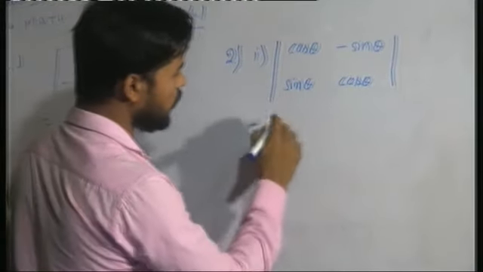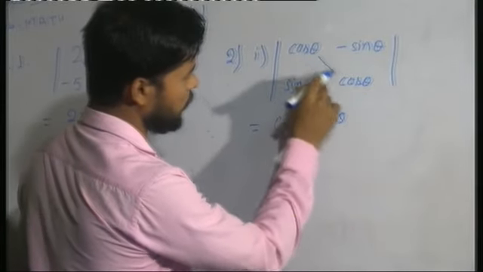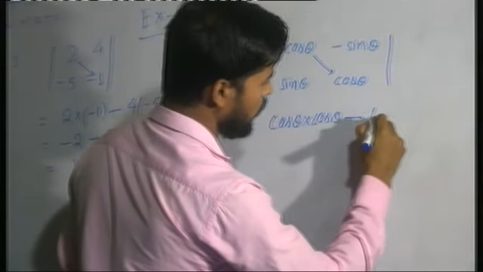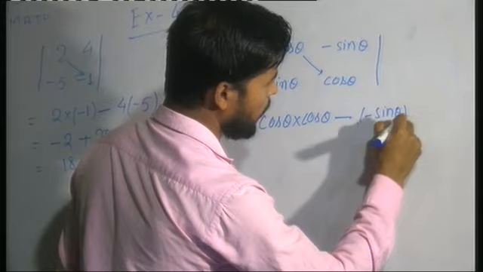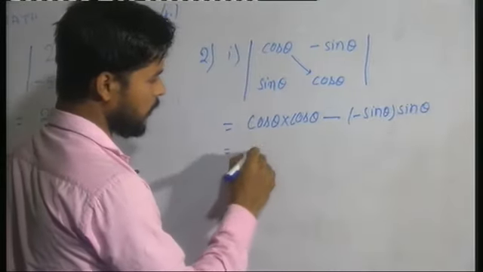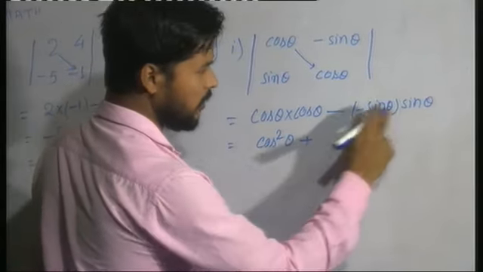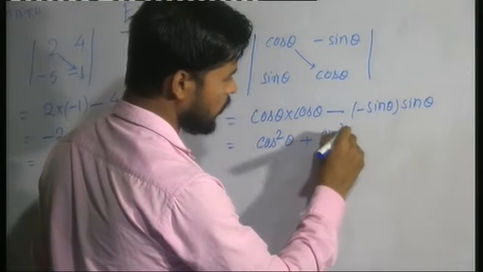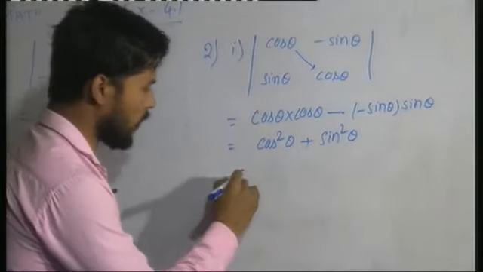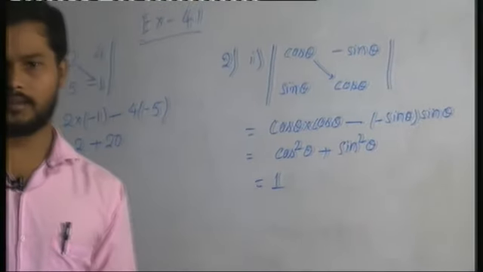So cos theta into cos theta, minus minus sin theta into sin theta. That is cos square theta plus sin square theta, and we know that sin square theta plus cos square theta is equal to 1. That means the value of the determinant is equal to 1.